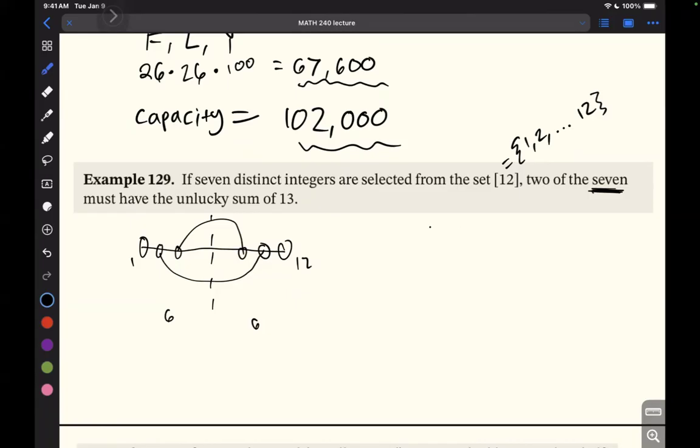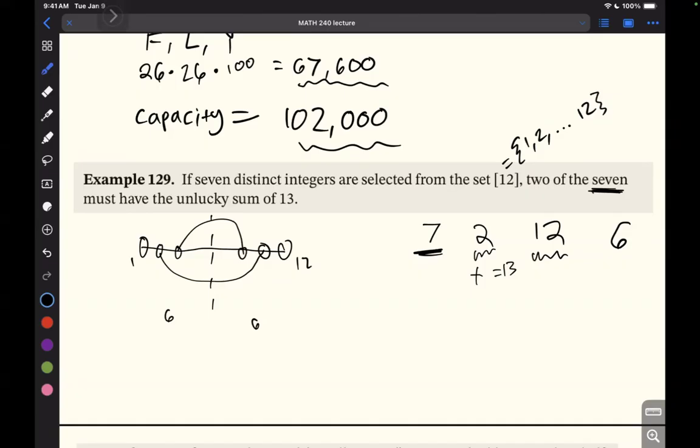So we've got 7, we've got 2, we've got 12. And then you're arguing that we have 6, as these are the numbers that we care about in this problem. So 12 is all of the possible numbers that we care about. 2 are the ones that have to add to 13. 7 are the number of things we're drawing.